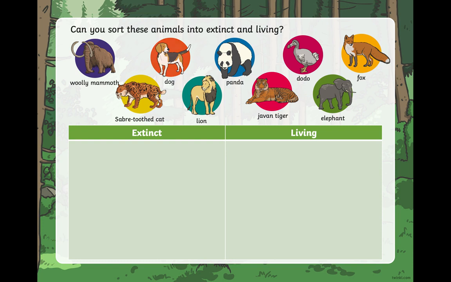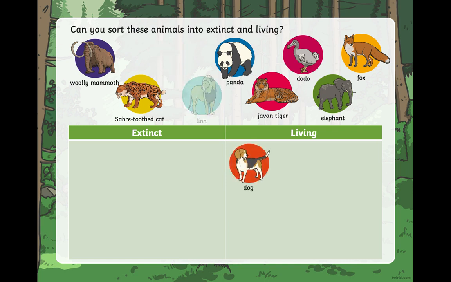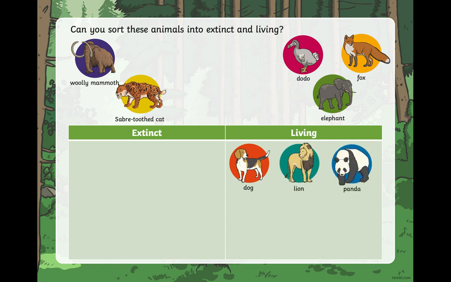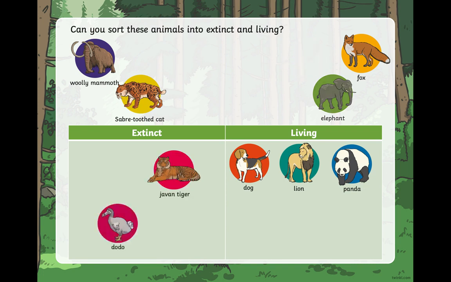The ones that look very, very weird are the ones that are going to be extinct. But we'd see dogs and lions and pandas. Right. Now, unfortunately, this one used to be around, but it's not anymore.